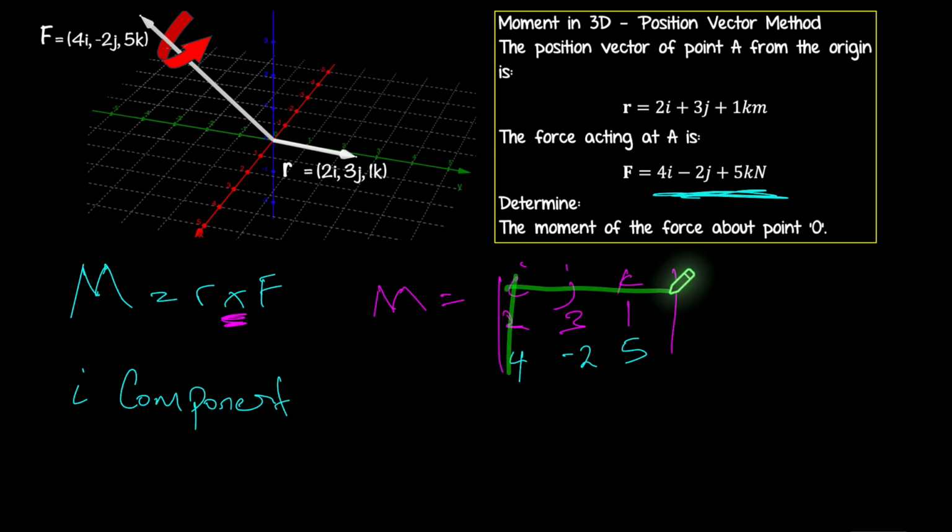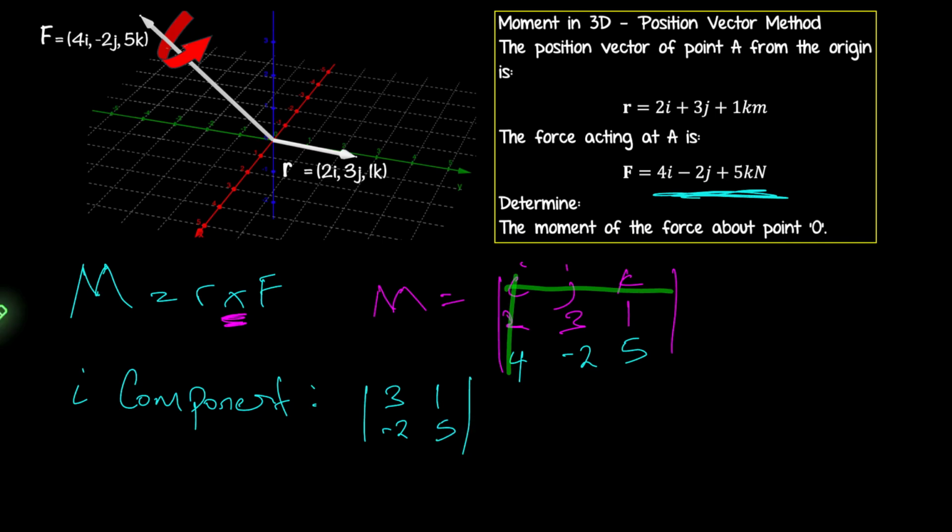What we're left with is, in the second row, 3, 1, and in the third row, -2, 5. That comes down to a 2x2 matrix that we're going to find the determinant for. So for the i component, we're left with 3, 1, -2, 5, and we find the determinant of that.